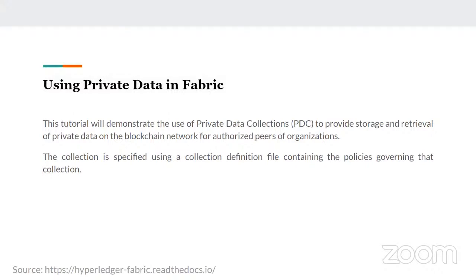Private data is something that we don't want to disclose to everyone. Right from the starting of Hyperledger Fabric, when you go into the history of it, in the earlier versions there was no concept of private data.